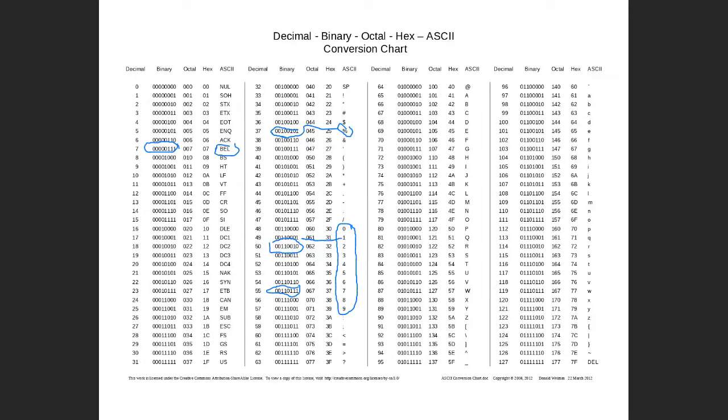Now you might think to yourself, well, hold on a second, Singleton, I can turn my computer keyboard into a calculator, and I can actually do math on the computer. And right, you can do math, but at that point, you're not using the ASCII values for those symbols. When you type in, let's say, 2 times 3, that 2 is not the ASCII value for 2, it's the actual binary weighted value for 2.